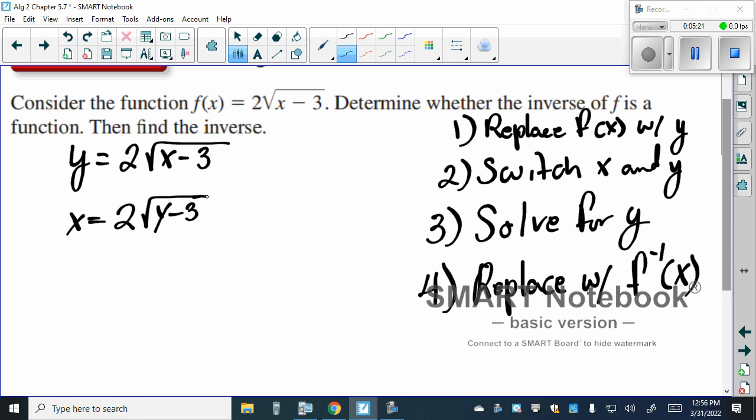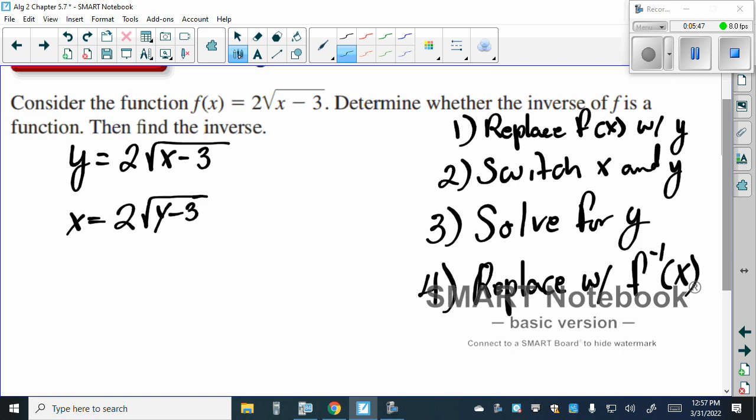And again, I said this yesterday, if you feel comfortable with switching f of x and y and then flipping them all in one step, you can do that. We could go from this function straight to x is equal to 2 times the square root of y minus 3. That's perfectly fine. But if that's a little bit confusing, go on and take it one step at a time.